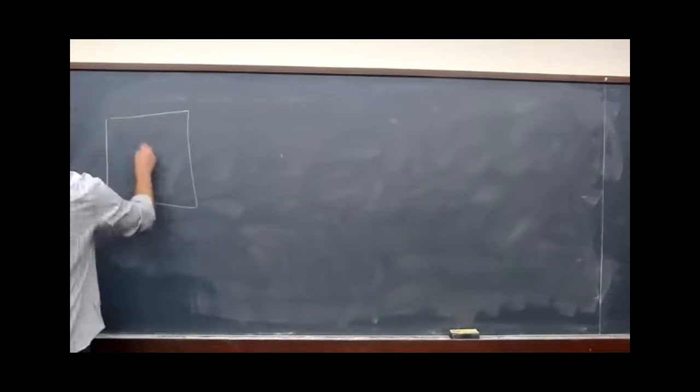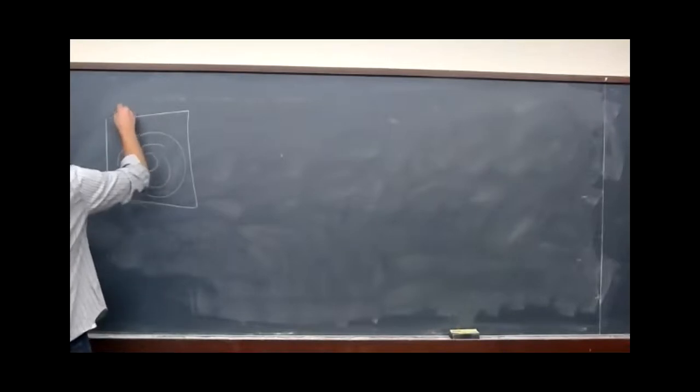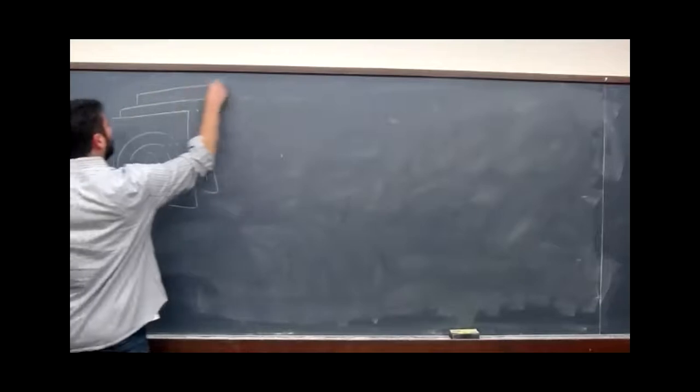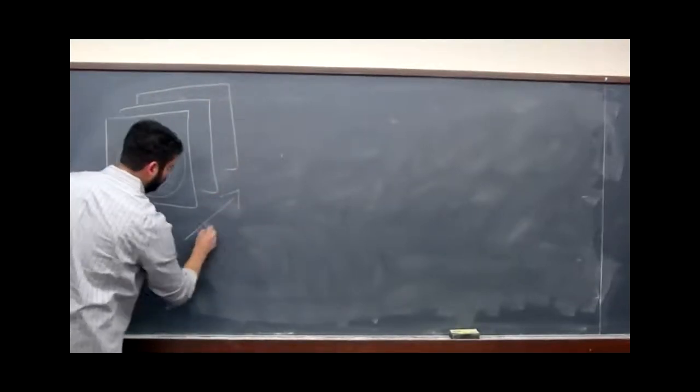So we have our detector, and we have our rings. We might also have multiple frames that we took as we rotated a specimen.